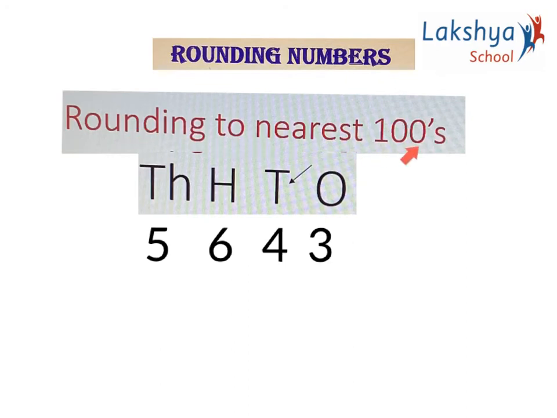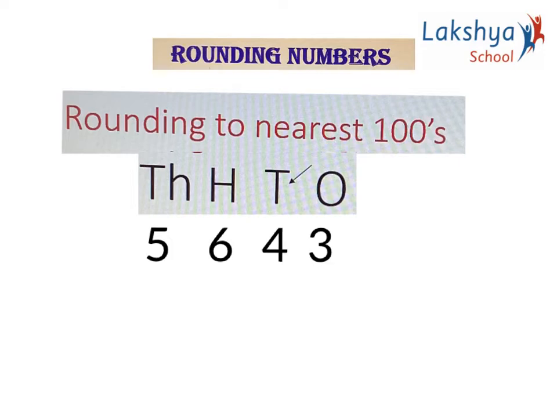Rounding to the nearest hundreds. Over here I have written the number according to its place value. To round the number to the nearest hundreds, you are supposed to look at the number to the right of the hundreds place, that is 4. If the number is lesser than 5, then we retain the number and just add zeros to the right.